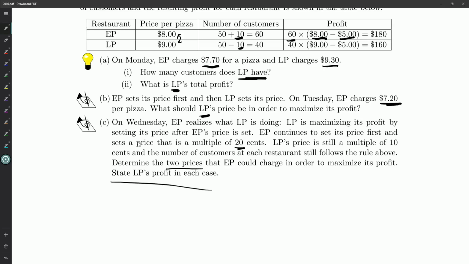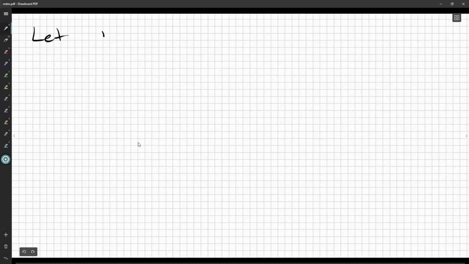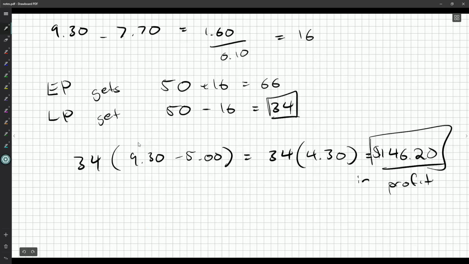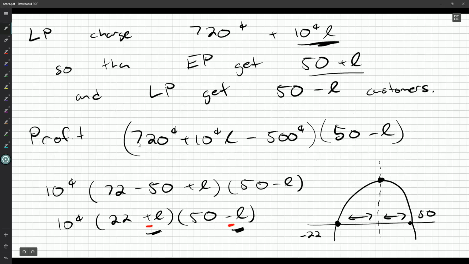So I don't know what Aaron's Pizza is going to charge. I do know it's a multiple of 20 cents. So we might say something like, let Aaron's Pizza charge 20 cents times E. Then the exact same reasoning we just did should take over.